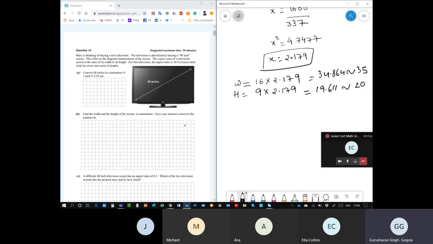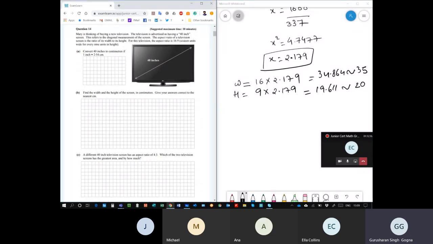They said give your answer correct to the nearest centimeter, so 35 and 20. Okay, so that's the idea, and this is how you can use the ratio and then convert into actual values. Obviously in this question we can use Pythagoras theorem because it's forming a right angle triangle.